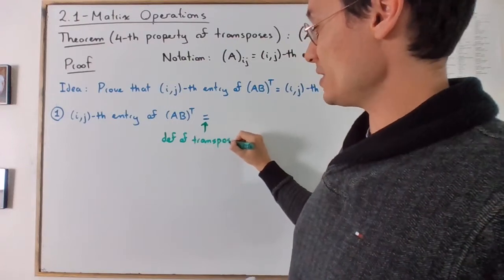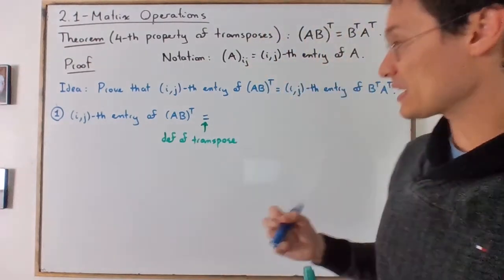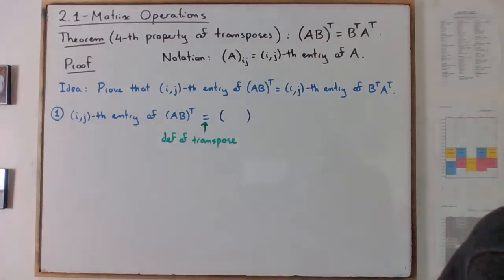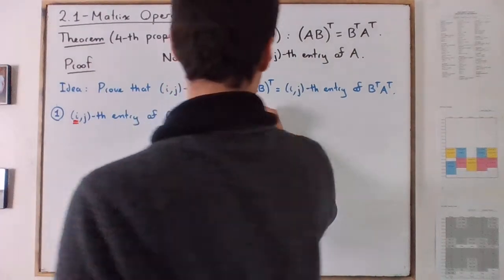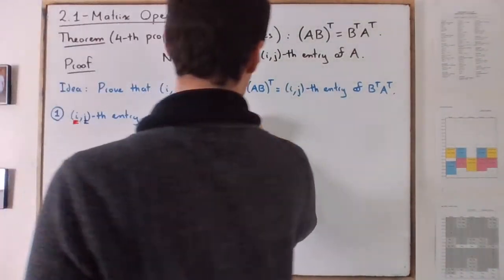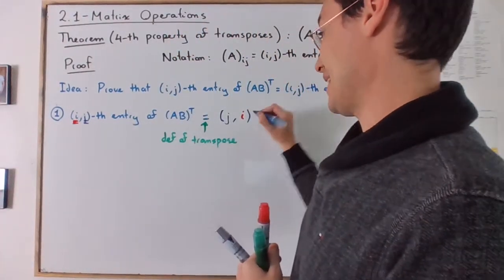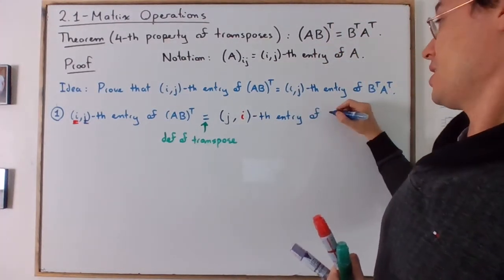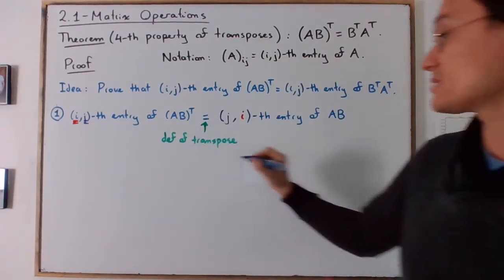By definition, what was in the ith row will become the column, and what was in the jth column will become the jth row. So it's the jith entry of AB. This is just the definition of the transpose.